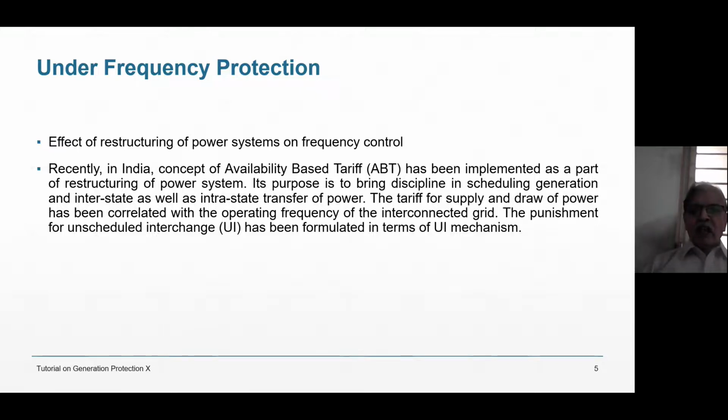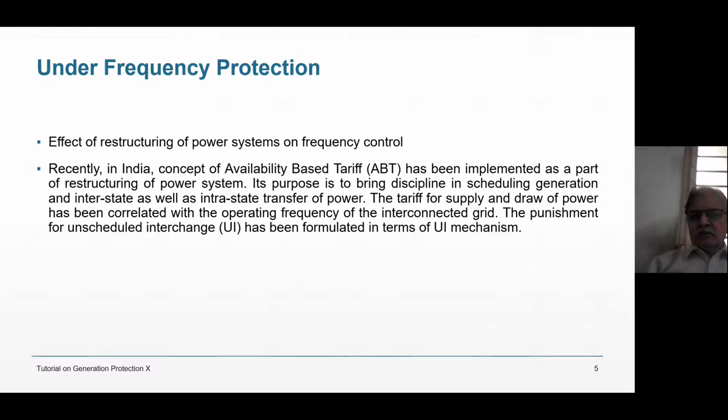So the consumer would like to keep the frequency as high as possible, because he will get a rebate, because many big consumers are paying a lot. We were paying a minimum of 1 or 2 lakhs of rupees of bill in BVM Engineering College. So large consumers may be paying 5 lakhs or 10 lakhs. So if a 2% or 4% rebate is given, it is a big amount.